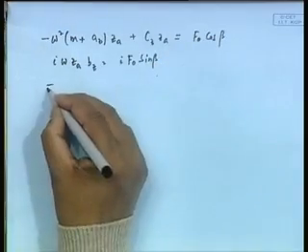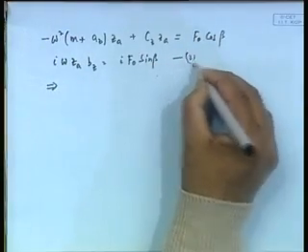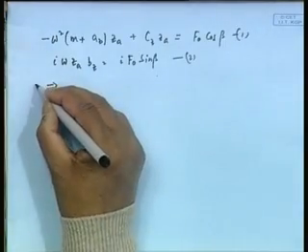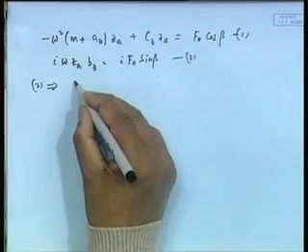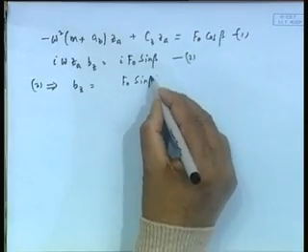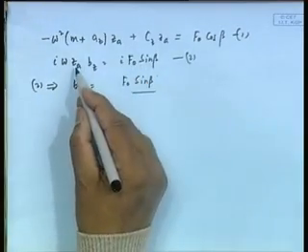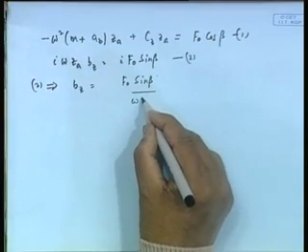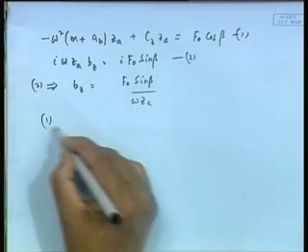Of course, from there, say this is 1 and this is 2, from 2 I get straightforward bz equal to f0 sin beta by omega za.